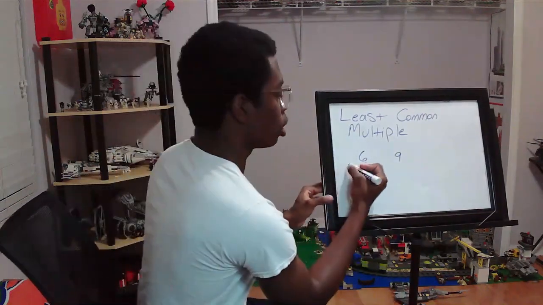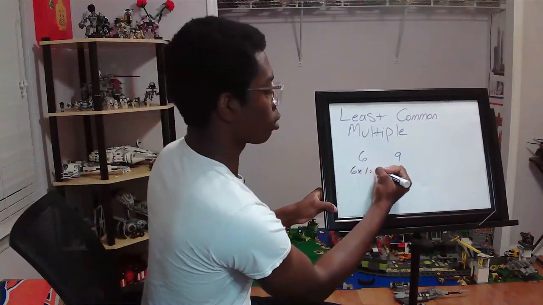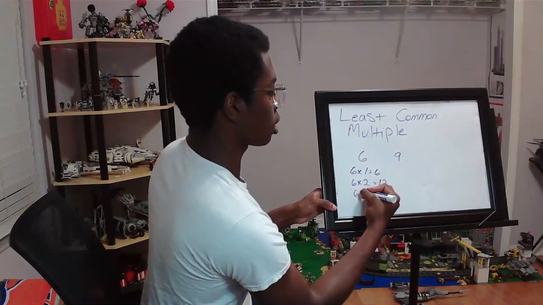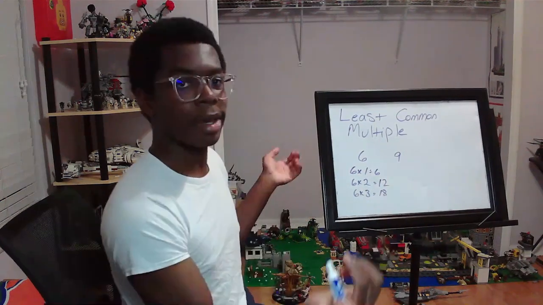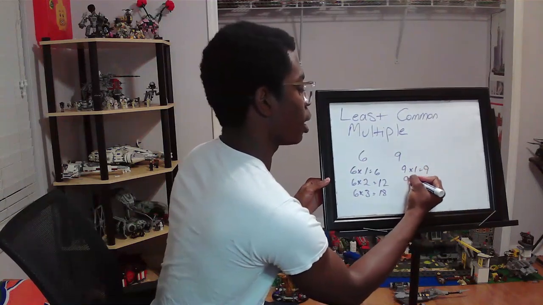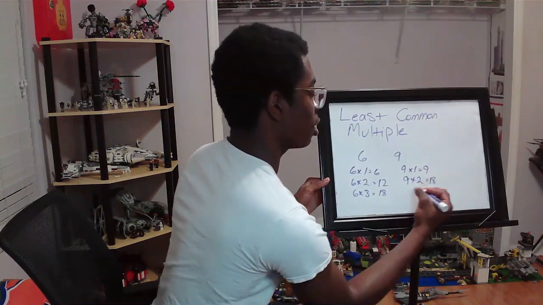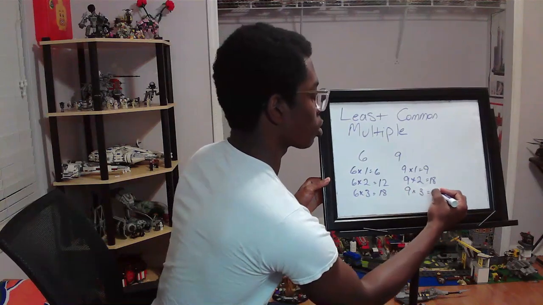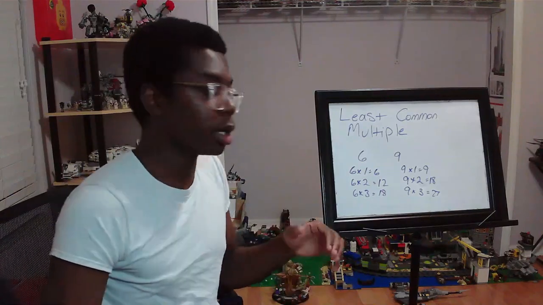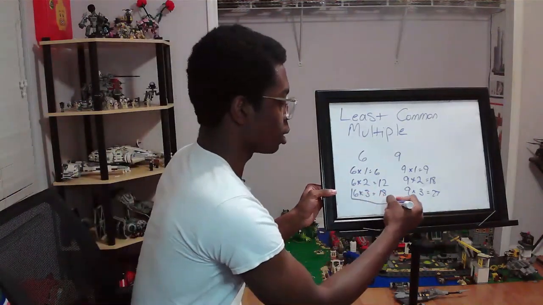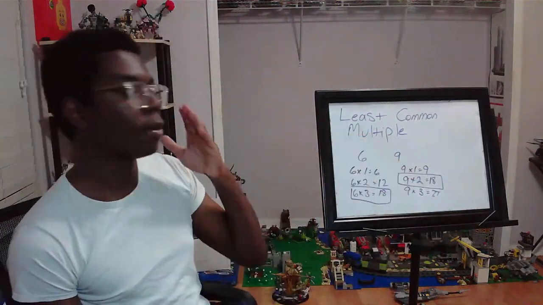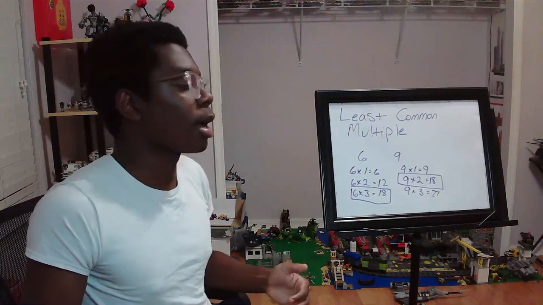So we can go through, we can do 6 times 1 equals 6, 6 times 2 equals 12, 6 times 3 equals 18, etc. We could do the same for 9. 9 times 1 equals 9, 9 times 2 equals 18, 9 times 3 equals 27, etc. And hopefully you see where the least common multiple is. It's going to be 18 because 6 times 3 equals 18 and 9 times 2 also equals 18. So the least common multiple of 6 and 9 is 18.